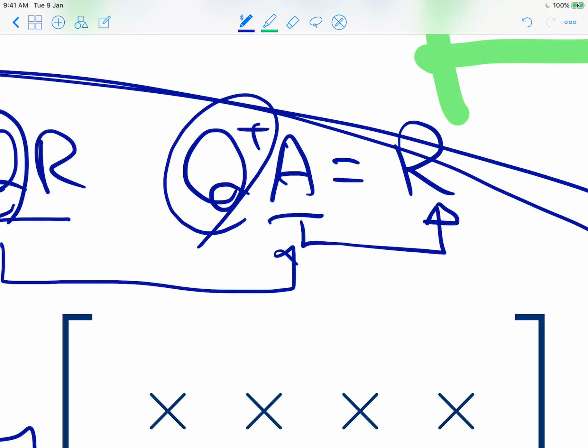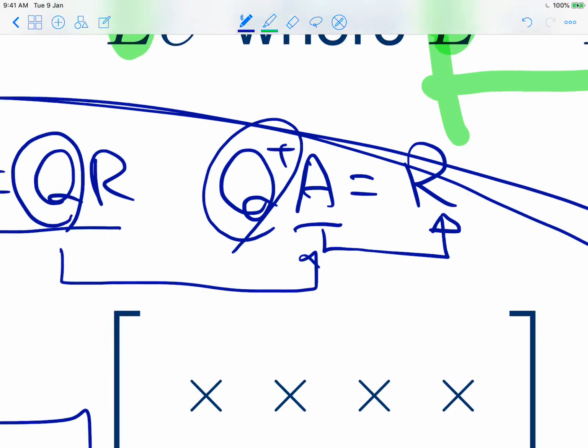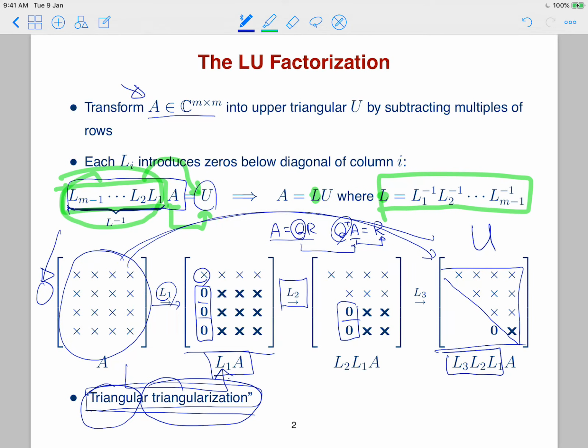That was an orthogonal kind of triangularization. This term was also used when studying Gram-Schmidt, and also the Householder transformation.